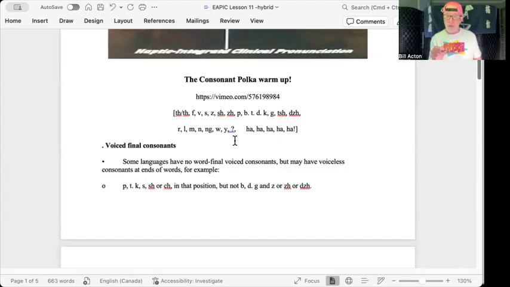We say apple, we hear that sharp start. It's called a glottal stop. And in the polka, in the video, I say ha ha ha ha afterwards. Anyway, those are the consonants from modules 3 and 6, and we will use those in some of the things we're going to do tonight.